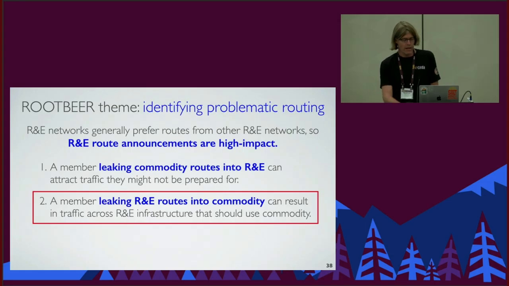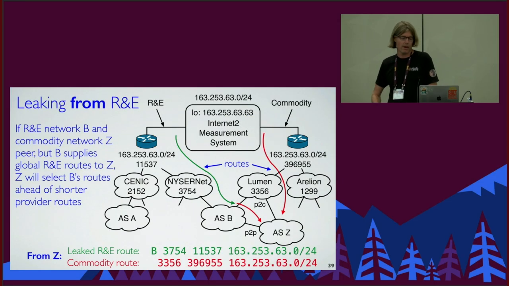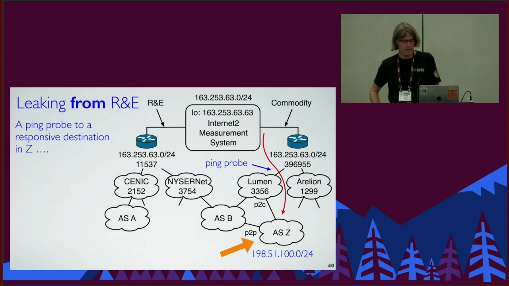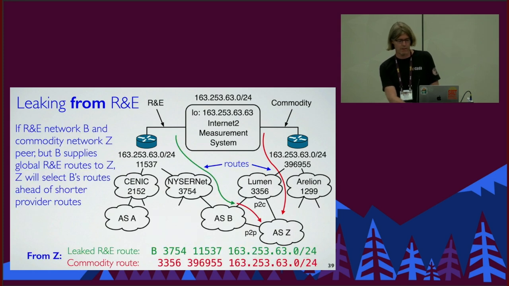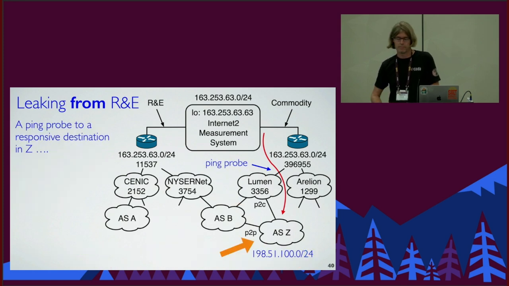The second one, leaking R&E routes into commodity. So in this case, we've got a route that we announce, that is announced to AS B, who in this case is leaking to Z. It's leaking the R&E route back up to our box at the top there to Z over a peering link.